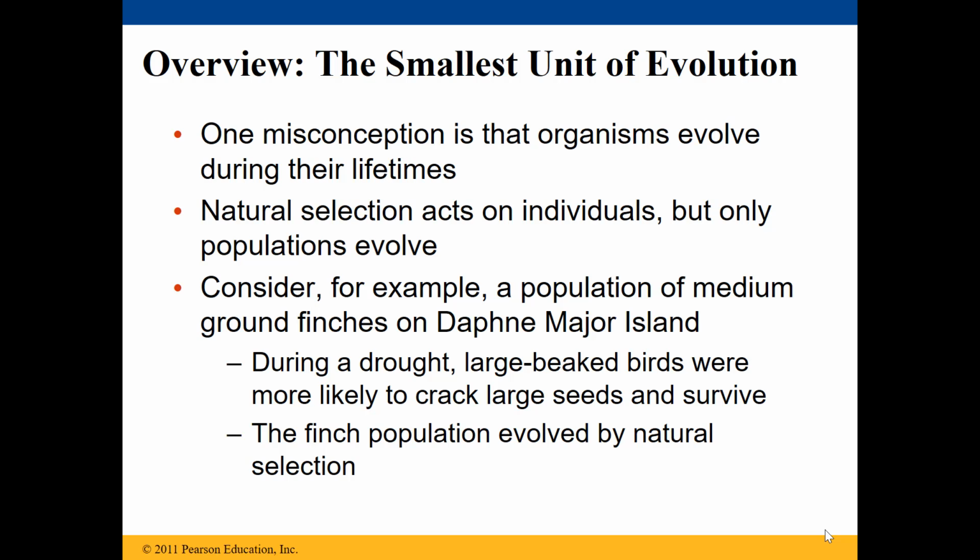Individuals do not change through their lifetime to adapt to their environment, although they actually kind of do, but we'll save that conversation for another time because it complicates this a little bit. So this is one way to do this. It's just a reminder. Individuals don't evolve. Populations do. Populations evolve to adapt to their environment as allele frequencies change.